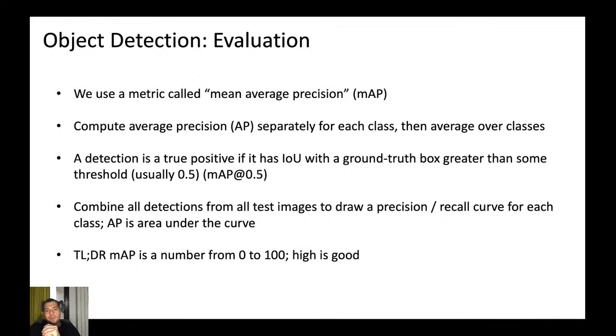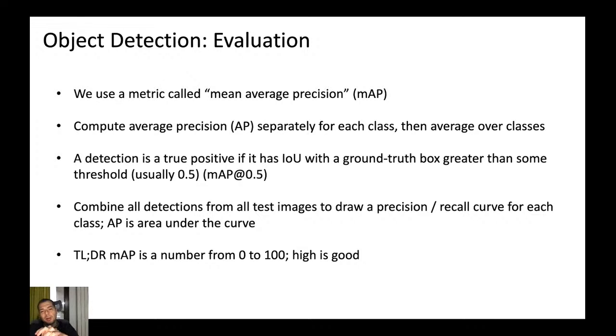And for the evaluation, we use the mean average precision. So the mean average precision is based on computing the average precision for each object class. Recall that the average precision is a curve metric, and for this curve metric we measure a detection as true positive if the intersection over union with respect to the ground truth bounding box is greater than 0.5.